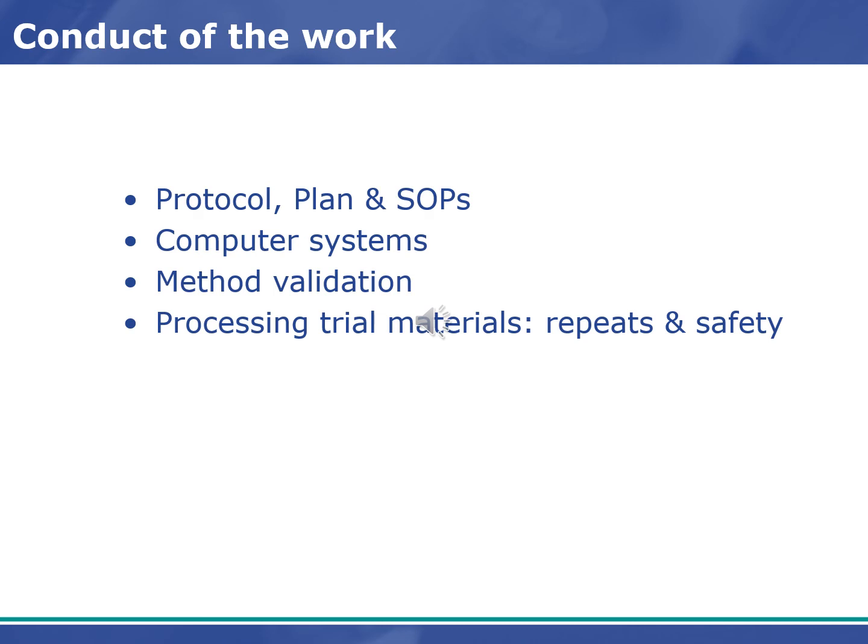There needs to be a planned system already in that protocol that we refer to. And if we didn't have a plan in place for how to identify samples to be repeated, I'm possibly going to have to stop my clinical trial, get permission from the sponsor, and issue a new protocol or plan, and only then can I continue and identify those repeats and continue with the rest of the clinical trial.